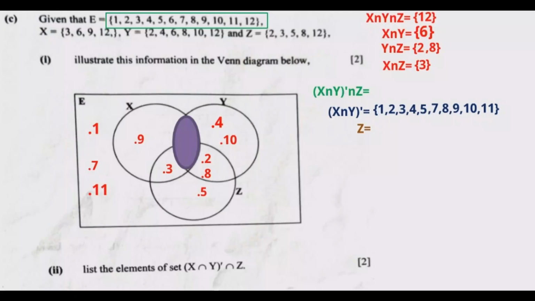So the set of X intersection Y complement comprises 1, 2, 3, 4, 5, 7, 8, 9, 10. Question 6a is as follows. The line graph shows the relationship between x and y.